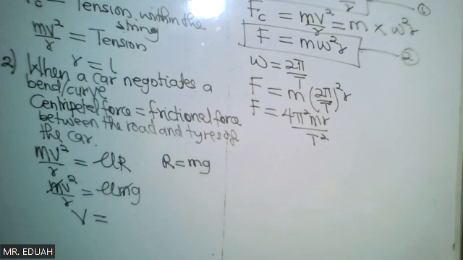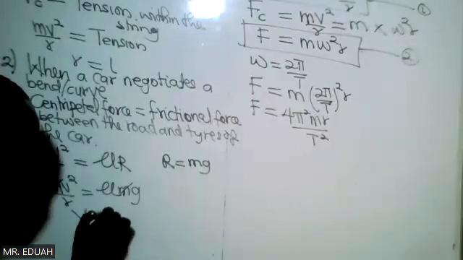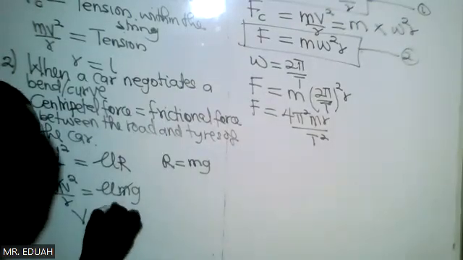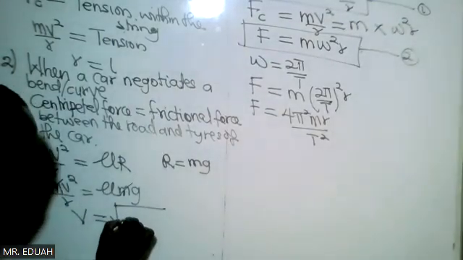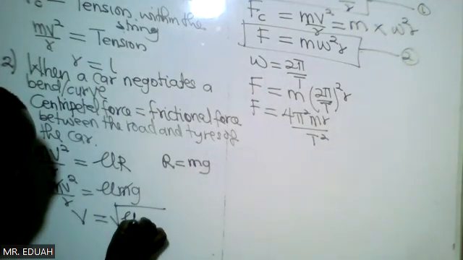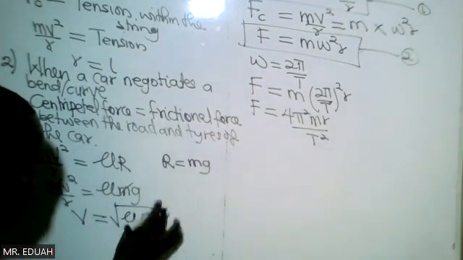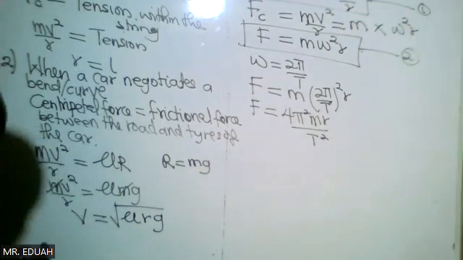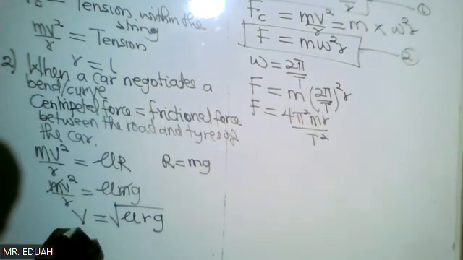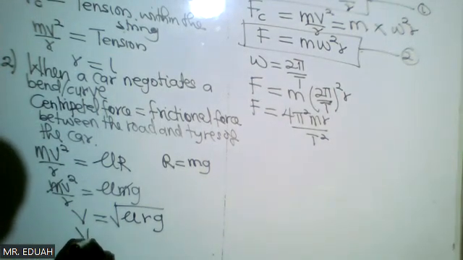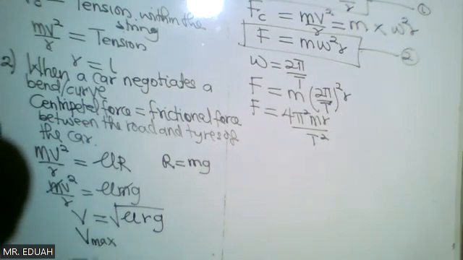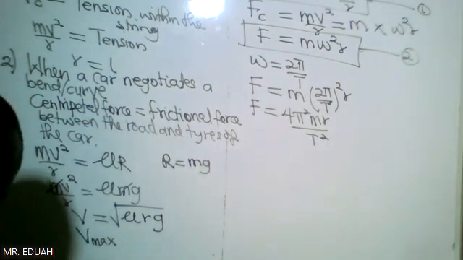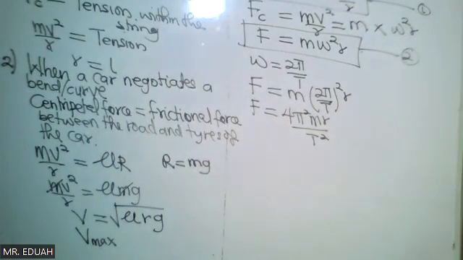V is equal to the square root of mu R g. This V gives us the expression for the maximum speed of a car negotiating a bend.